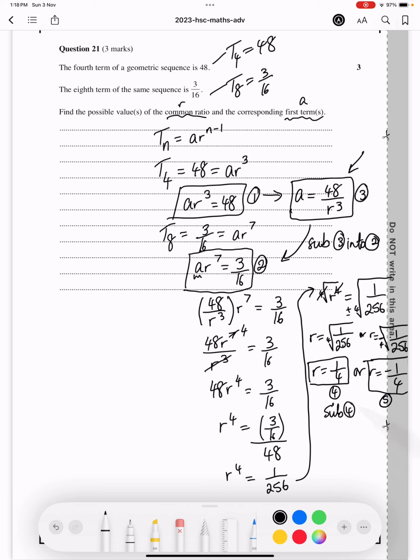So sub 4 into equation 3, because A is already isolated for us, we need to find A. A equals 48 over R cubed. That equals 3,072.